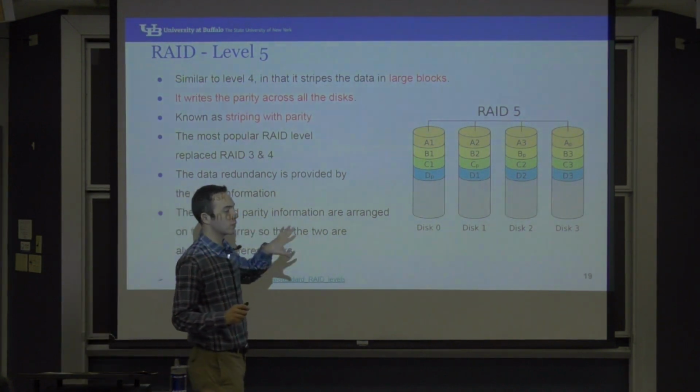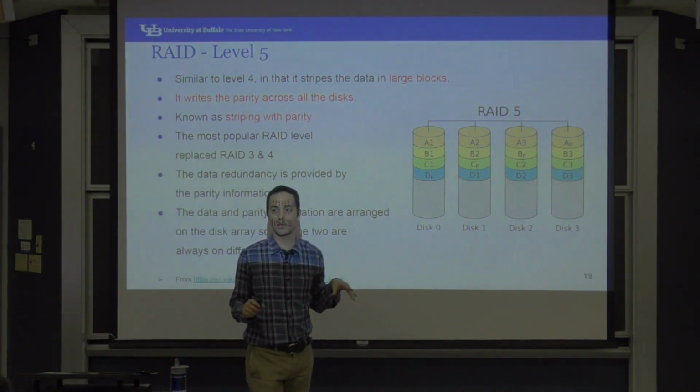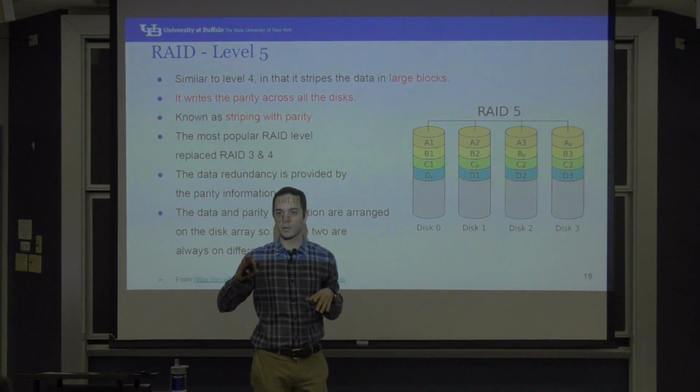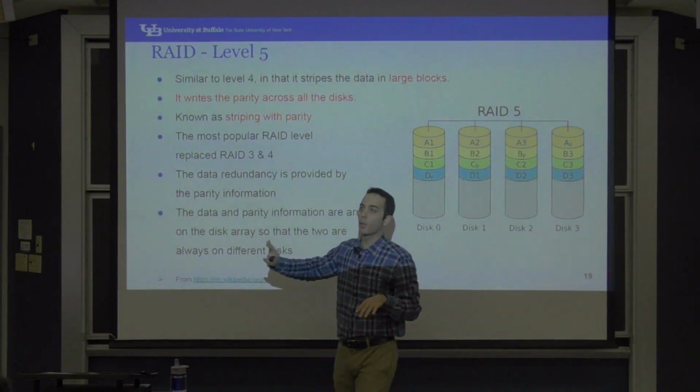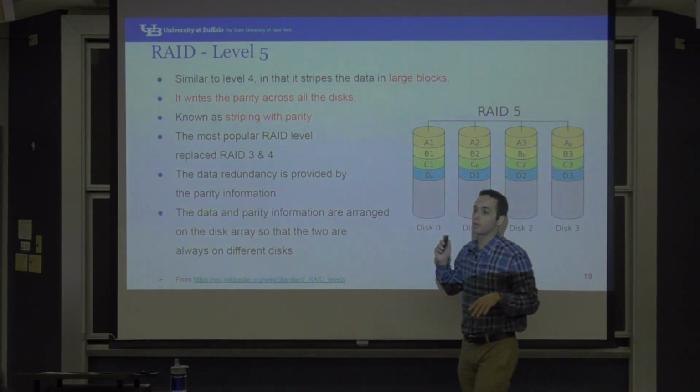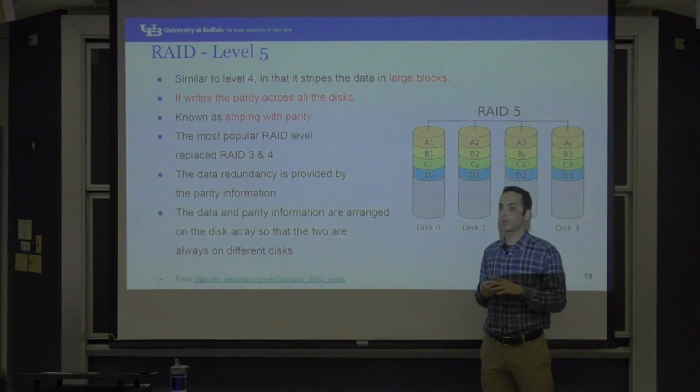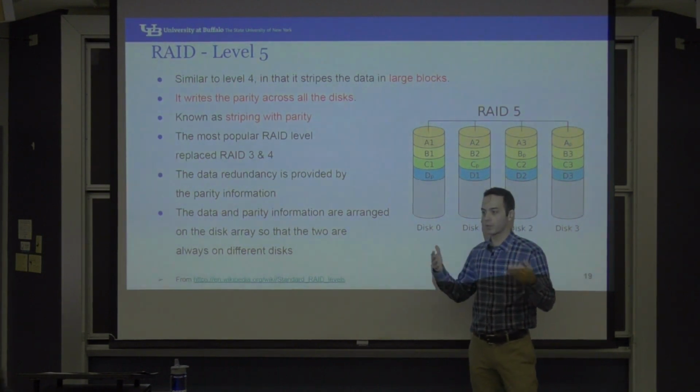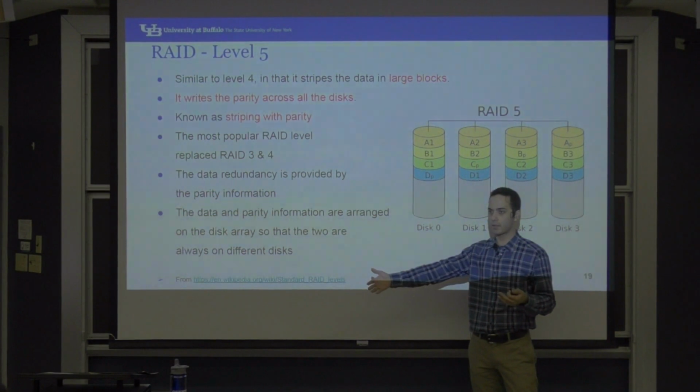See, first of all, we're not dealing with partitions here anymore. Partition is something logical. We are striping the blocks. So your data is going to be stored in blocks into disks, right?